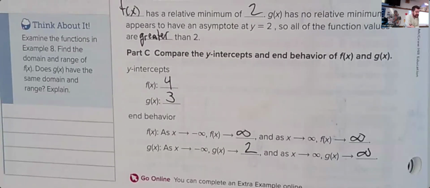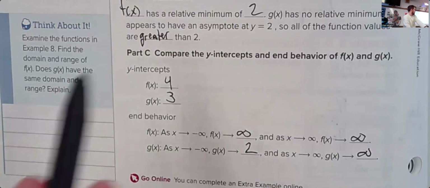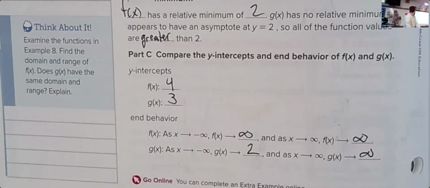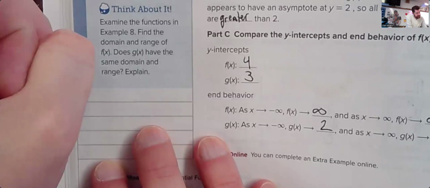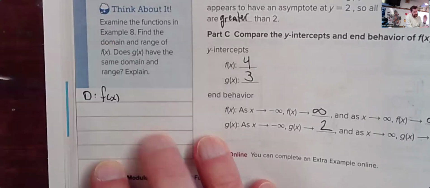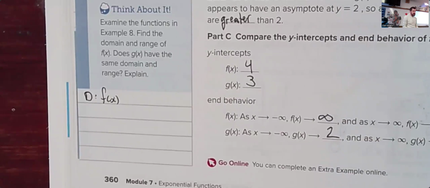So here's an interesting question here. Examine the functions for example 8. These ones here. Find the domain and the range. Let's just do that real quick. What's the domain of f of x? All real numbers, yeah.